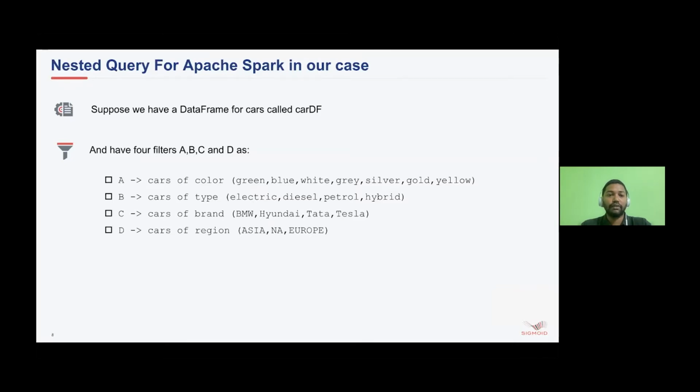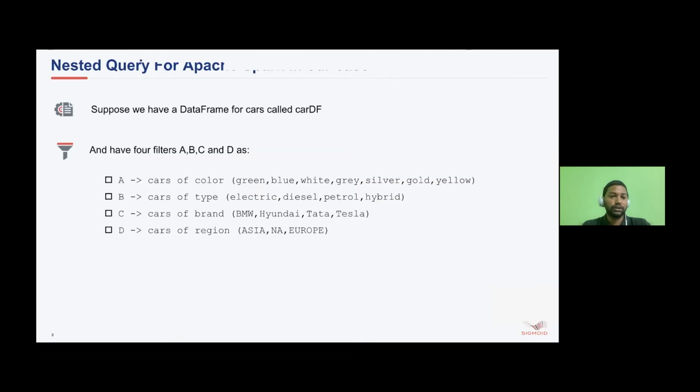If we have these four filters, we can nest them together to form a query. So we have a nested query where we have nested all those filters: D is the region, C is the brand, A is the color, and B is the type.